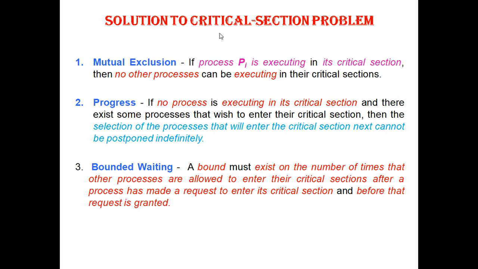When such a question is asked, you should say that mutual exclusion and progress are mandatory, and bounded waiting is optional. So remember that these two conditions are mandatory for every process to enter its critical section.